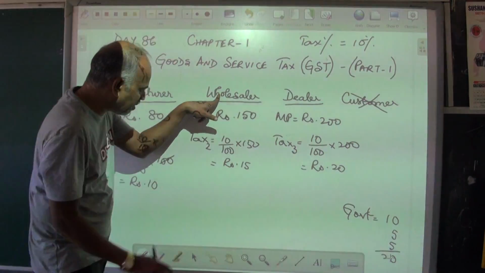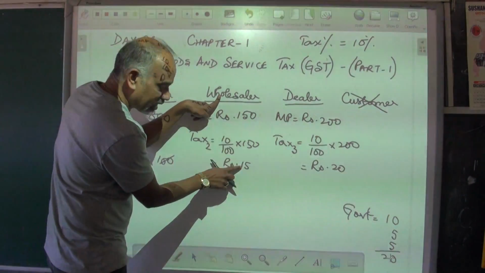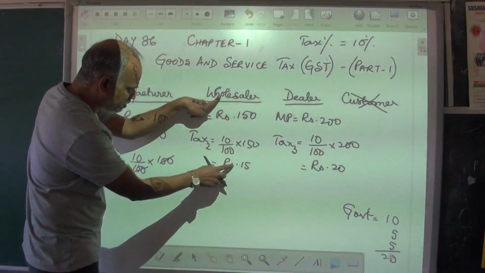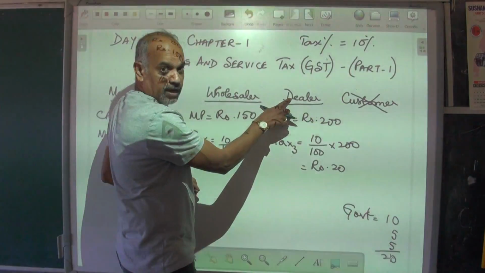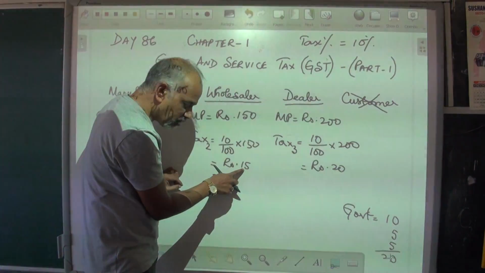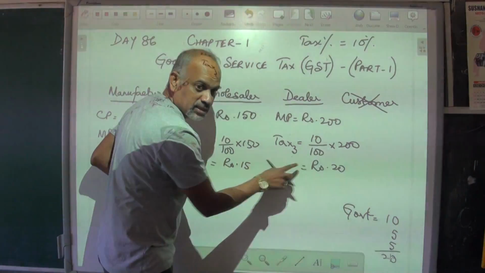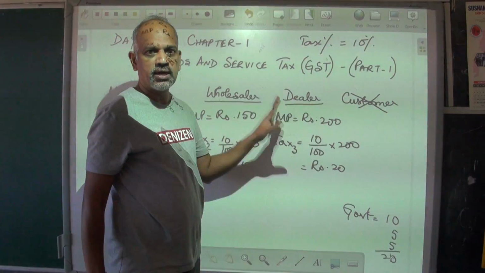So the GST paid by the wholesaler will be, he originally paid 10 rupees, he collected 15 rupees, GST paid by the wholesaler is the difference between these two, that's fine, that's what is here. GST paid by the dealer will be, he collected 20 rupees as tax, he already paid 15 rupees as tax, the difference, that's 5 rupees, is the GST paid by the dealer to the government.